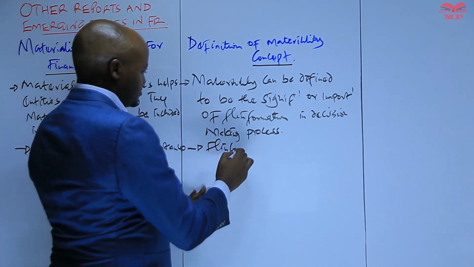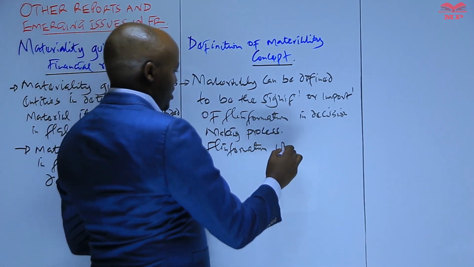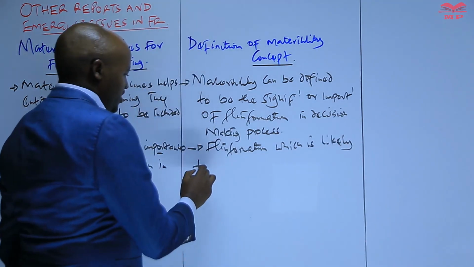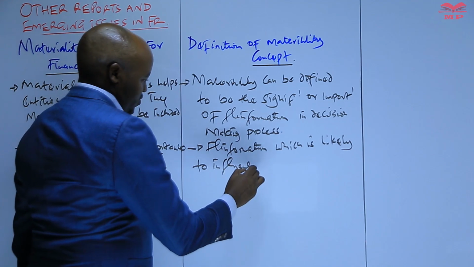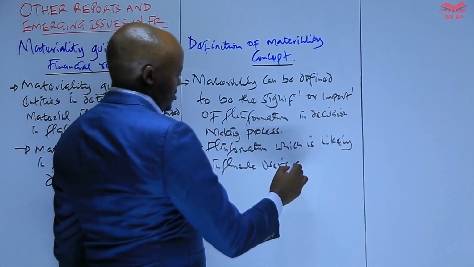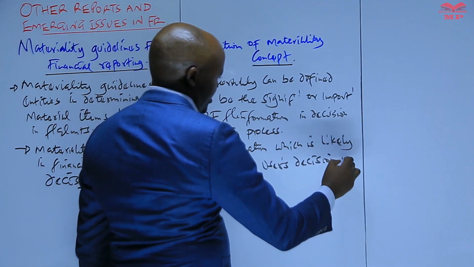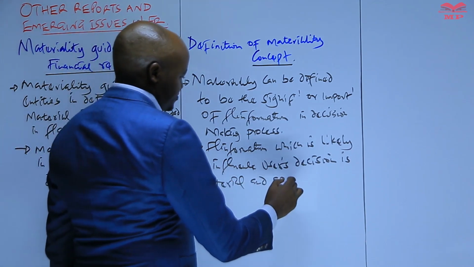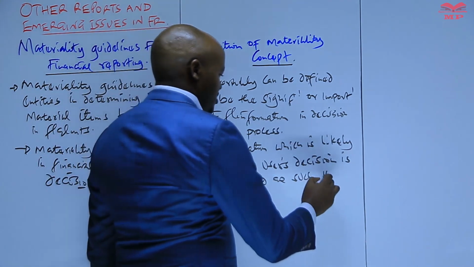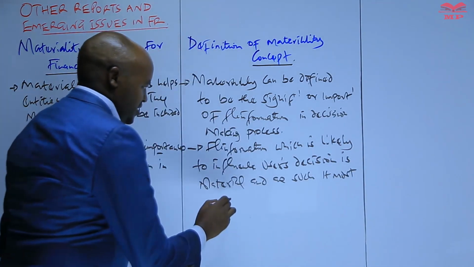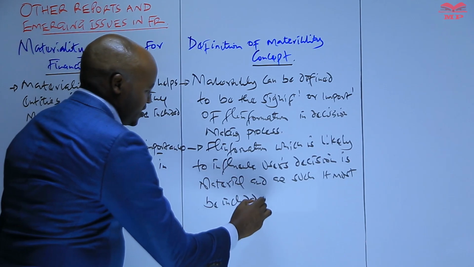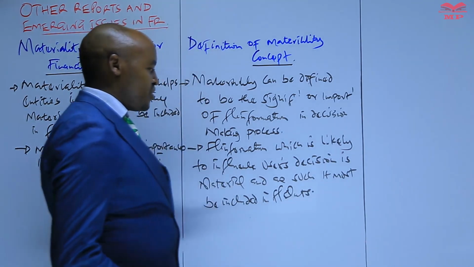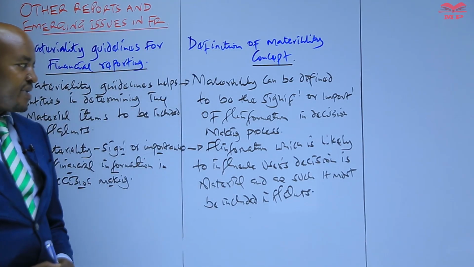And therefore we can proceed and say that financial information which is likely to influence the user's decision is material, and as such it must be included in the financial statements, or in the financial reports prepared by the company at the end of the year.